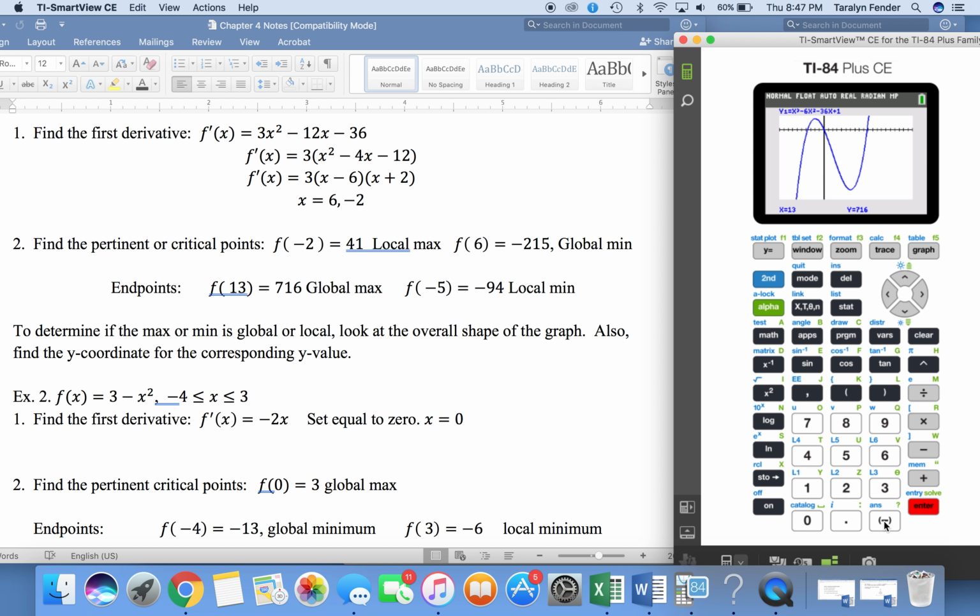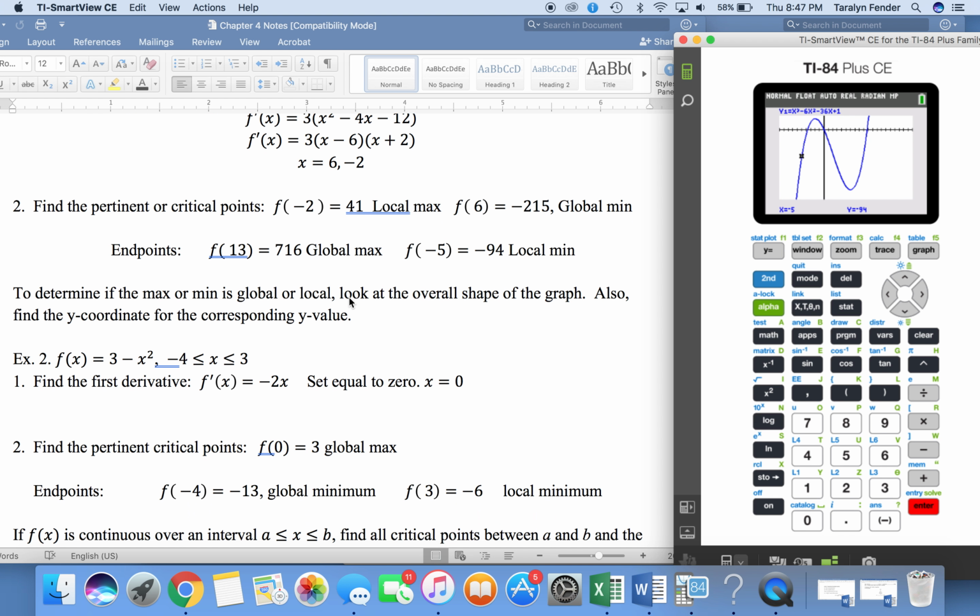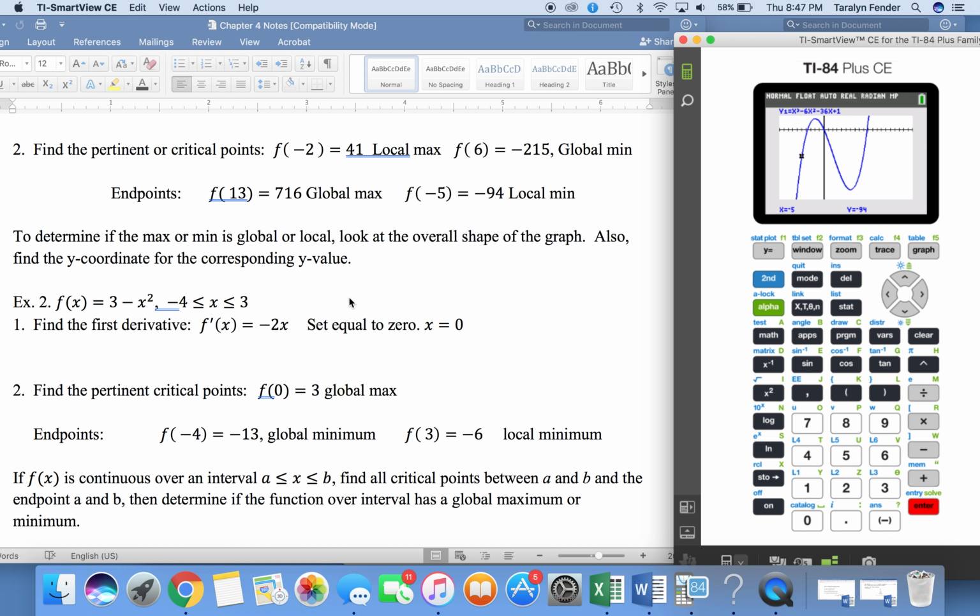And then if I plug in negative 5, I see negative 94. So those are my global max or min and my local maximum or minimum, just with the critical points and the endpoints.